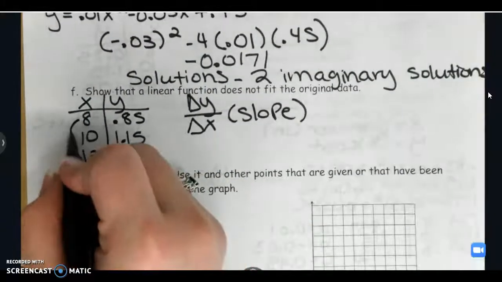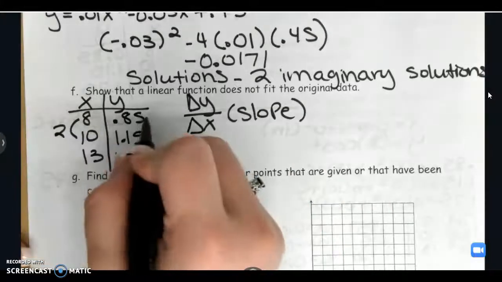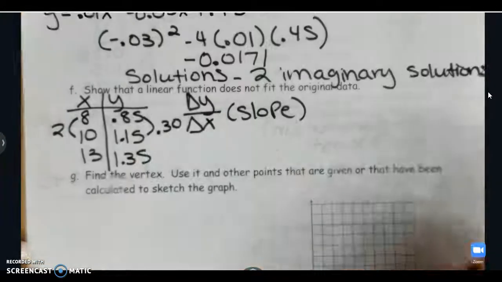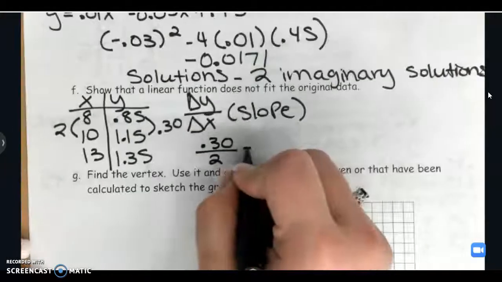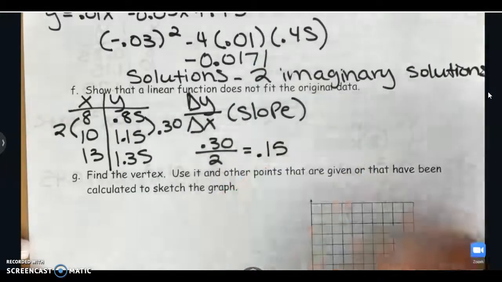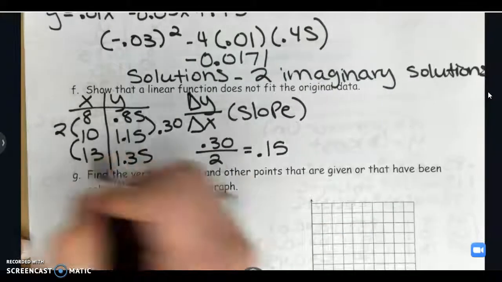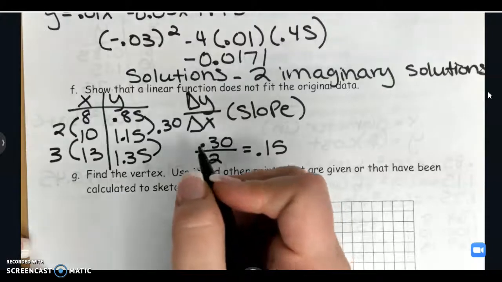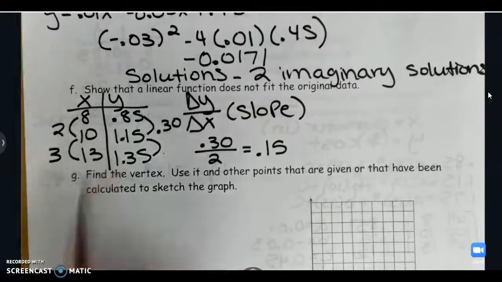So let's look. Between the first two, my change in x between the 8-inch and 10-inch pizza is 2, and my change in y for the cost is 30 cents. So my slope for that first interval would be 0.3 over 2, which is 0.15. Now let's look at the change in the second interval. From 10 to 13, that's a change of 3. And from 115 to 175, that's a change of, sorry, that should be 175.